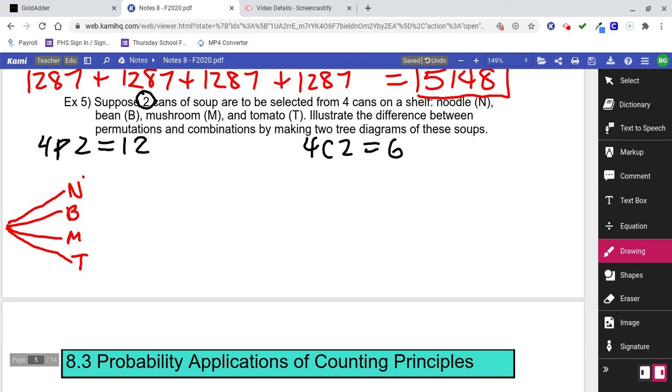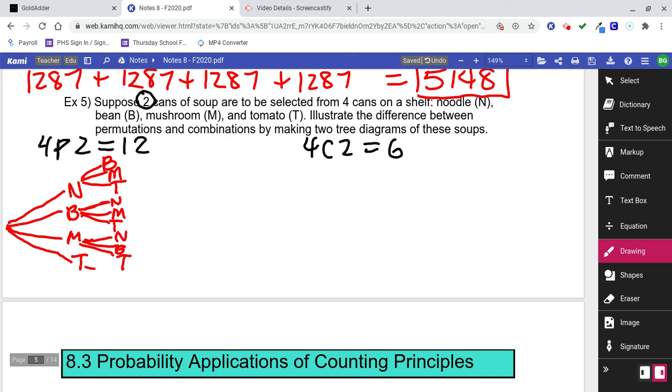If order matters, then think about after your first can, noodle, you could choose the second one as bean or mushroom or tomato. And if you choose the first one, bean, then your second choice could be noodle, mushroom, or tomato. If you chose mushroom first, you could choose noodle or bean or tomato.